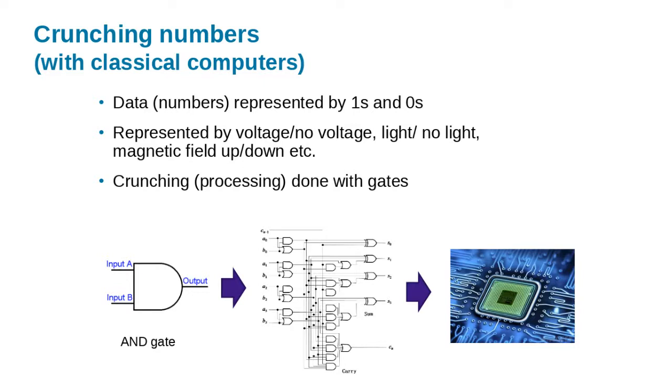And the number crunching, so the processing of these numbers, is done with logic gates. So for example, this is an AND gate, and it follows a certain logic pattern for the output and the input. So we only get an output when we've got a 1 and a 1 on the two inputs.